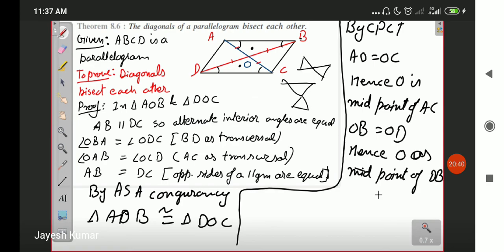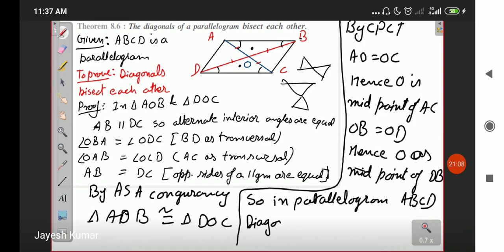Okay, so in parallelogram ABCD, the diagonals bisect each other. Diagonals bisect each other means both the diagonals are passing through the midpoint of each other.